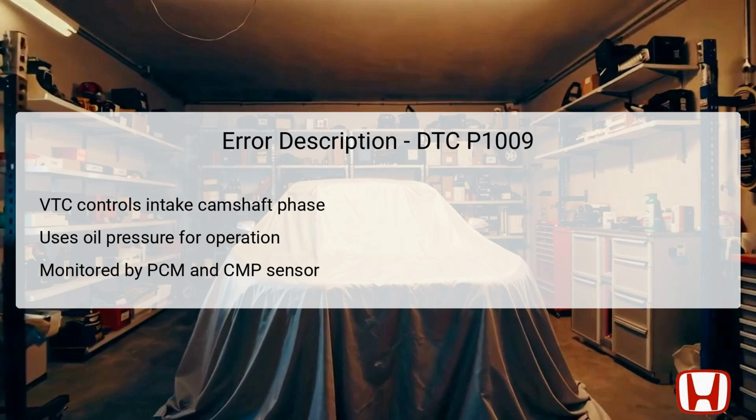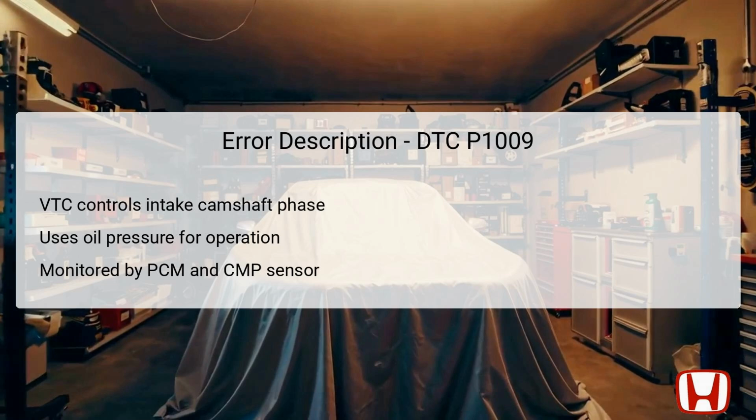The Powertrain Control Module, or PCM, continually monitors the camshaft position via a sensor known as the Camshaft Position (CMP) sensor. If the actual camshaft phase angle exceeds a predetermined range compared to the commanded angle, a malfunction signal is registered, leading to the illumination of the malfunction indicator lamp, MIL.